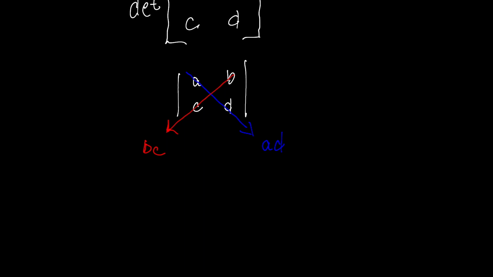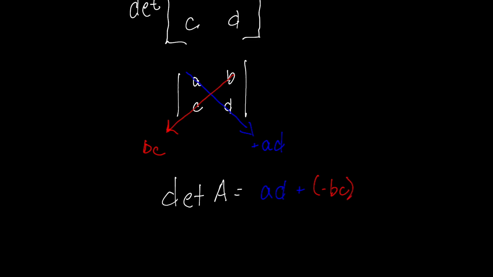And the determinant of any matrix, we'll call it matrix A, is going to be AD. These are always going to be positive, plus the negative of BC.